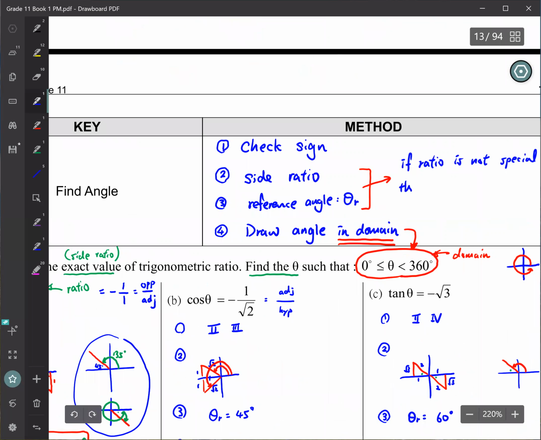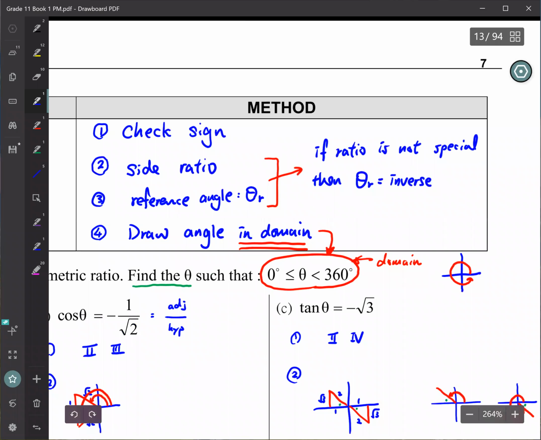So you'll skip step 2, then you find your reference angle, equal to inverse of the positive ratio. Okay, so please write this down.